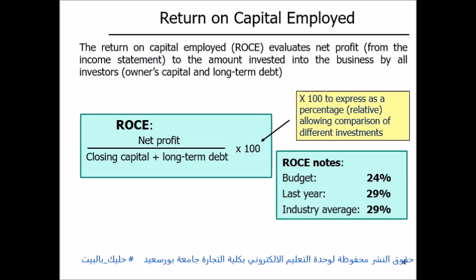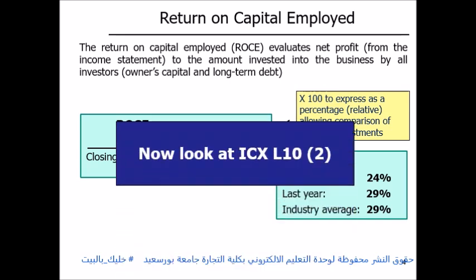Now let's move to in-class exercise 2. Similar to the profitability exercise, he gave you the same statement of financial position and income statement of the previous exercise. He required you to calculate the return on capital employed ratio and to comment on your results.